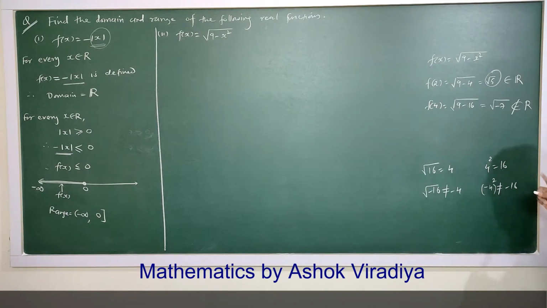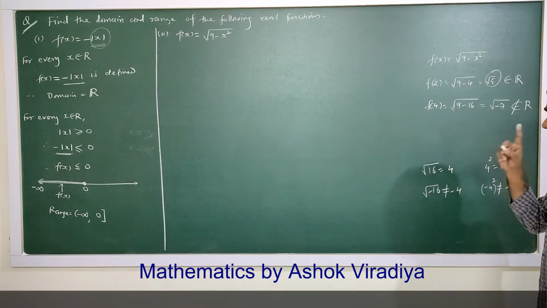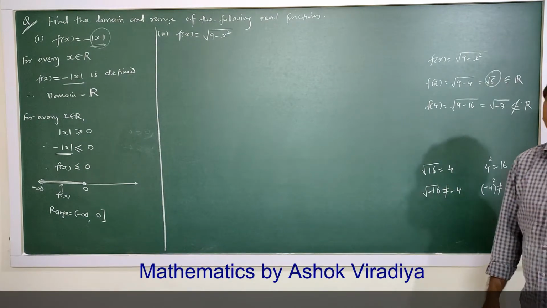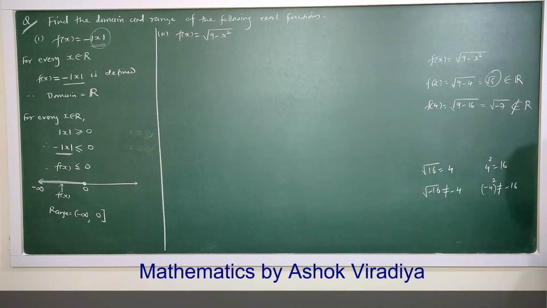Minus 4 square is 16. So square root of only a positive number is defined. Square root of a negative is not defined. Square root of minus 16 is not minus 4. Square root of minus 7 is not defined.